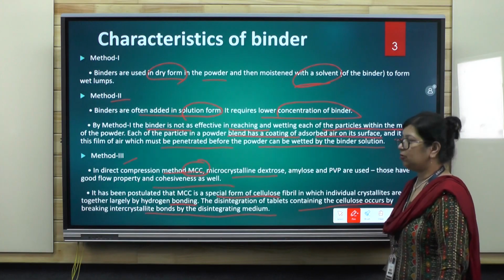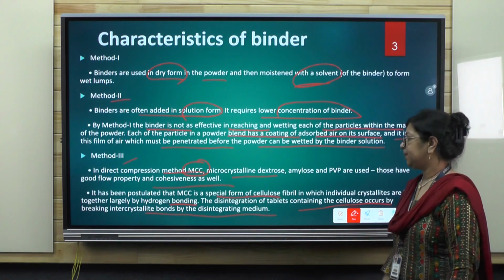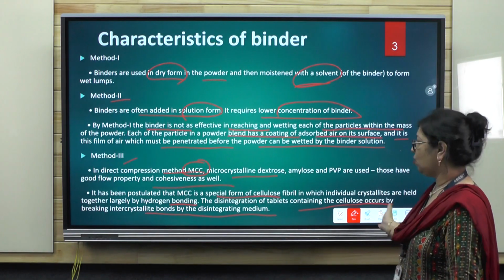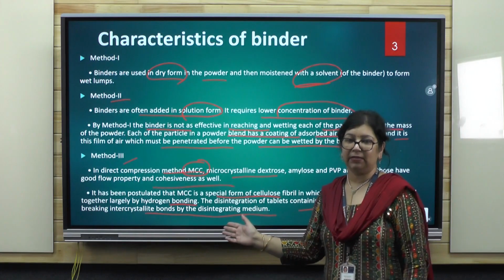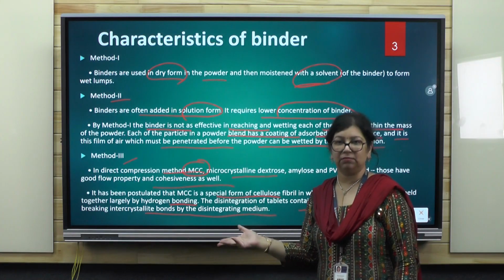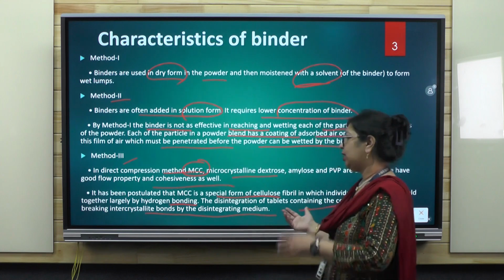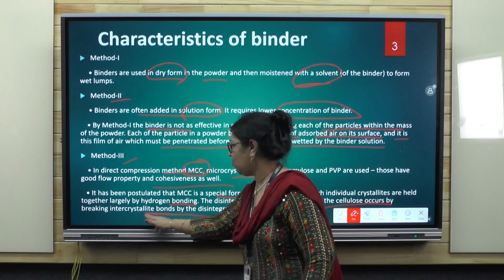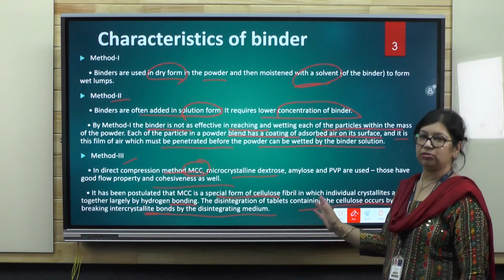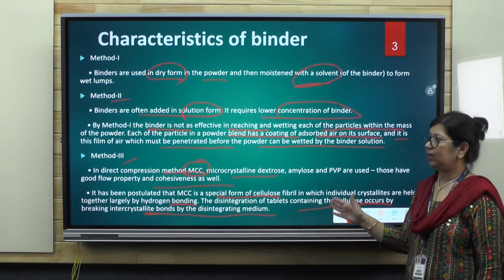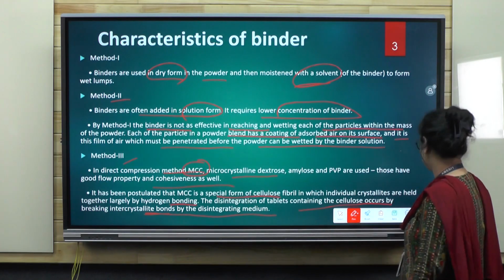So when we use microcrystalline cellulose, what happens? As soon as it comes in contact with the disintegrating medium, that is our gastric medium, it breaks this intercrystalline bond, and it also helps in disintegration of the tablet, where MCC is used as a binder.